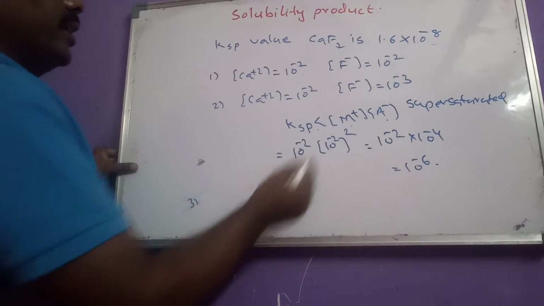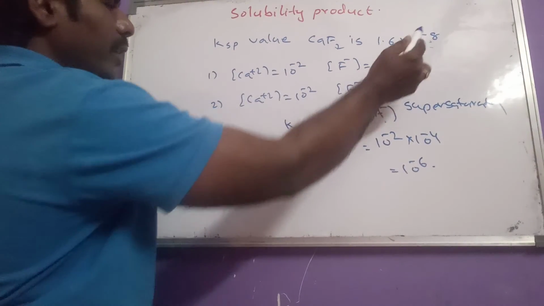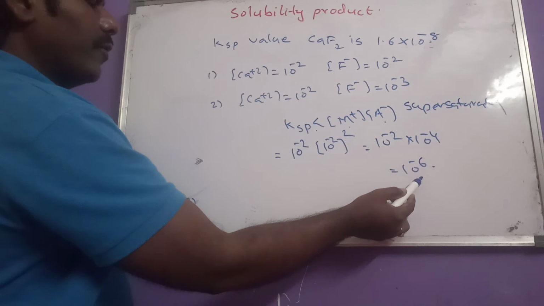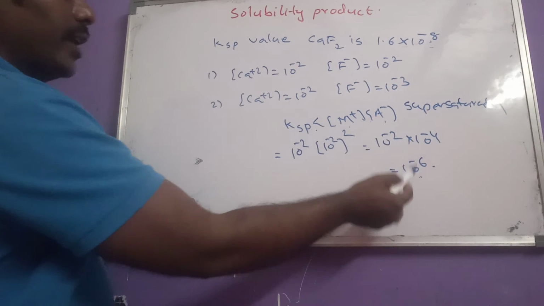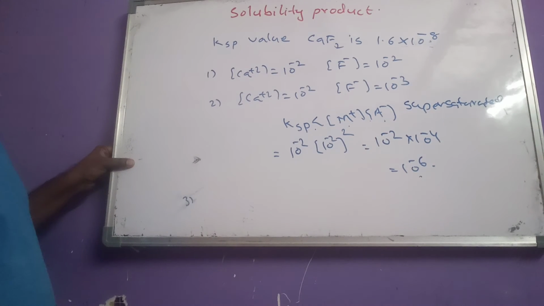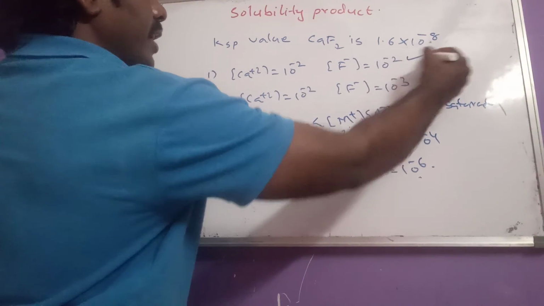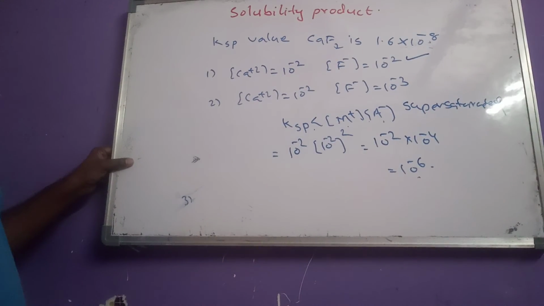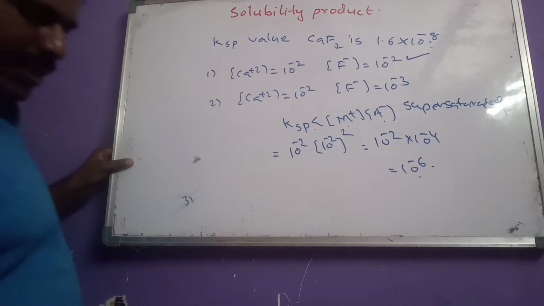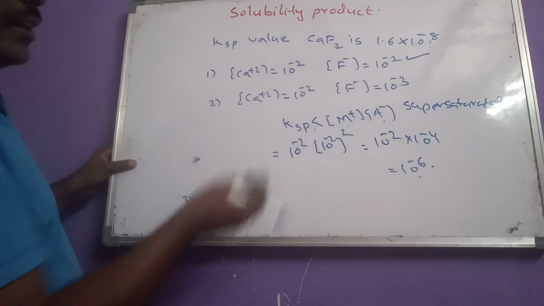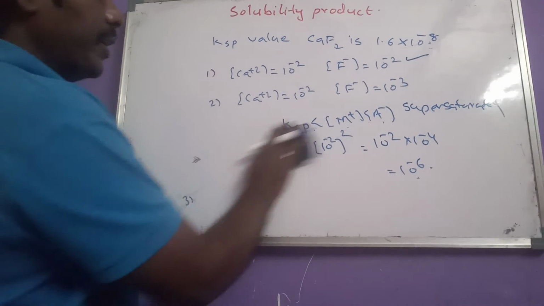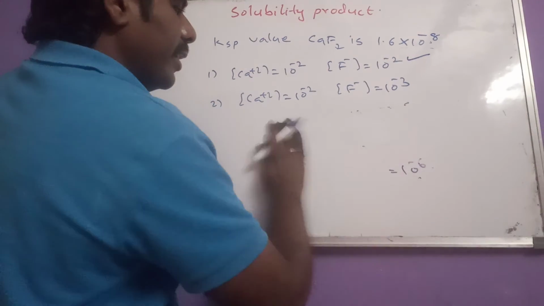So that means here KSP value is less than that of which one? Product of cation and anion concentrations. So now in this first case we get which one? Means precipitate. Sir, if you go for the second option, do we get precipitate or not? Let us check here.